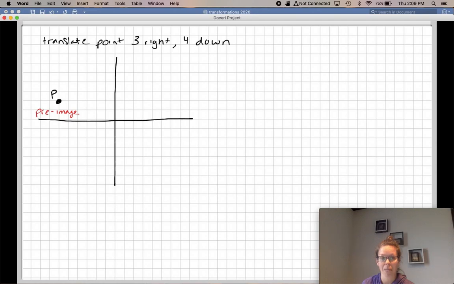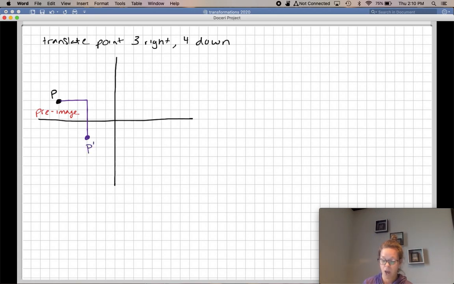So if point P is my pre-image, I now want to translate or slide that point 3 units to the right and 4 units down. On graph paper, we can just count out each of the boxes. So I'm going to go over 1, 2, 3 units to the right, and 1, 2, 3, 4 boxes down and place my point here.